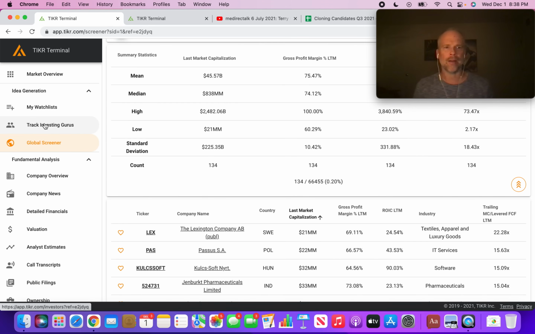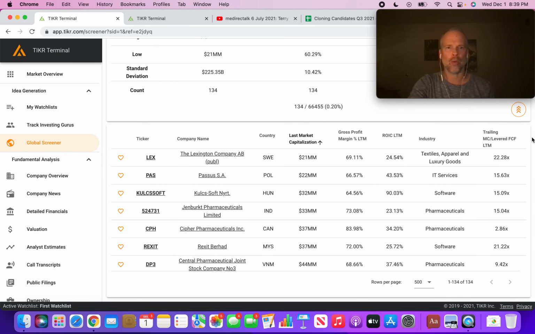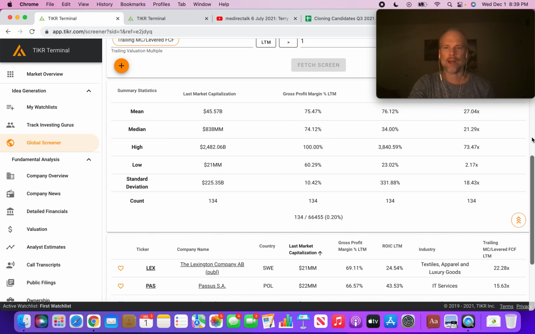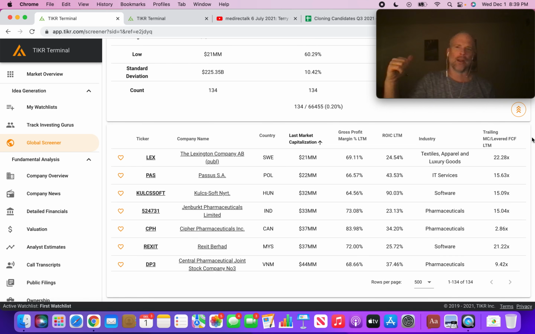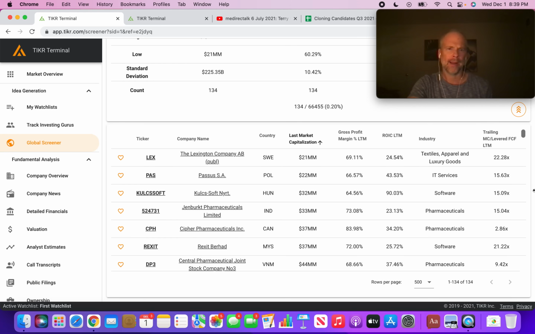Obviously, they have a lot of investing gurus that they've populated into this particular tab, Track Investing Gurus. It would be awesome if there were a way to screen where you just add, it's got to be owned by at least one of these great investors that are already in the database. And there's just another column here with yes or no. Is it owned by another great investor? That would be incredibly valuable, but we don't have that.